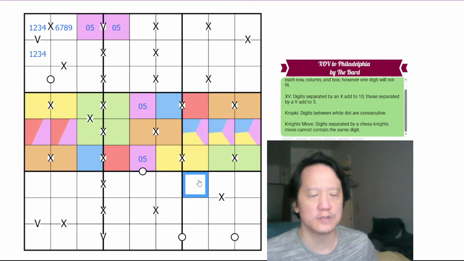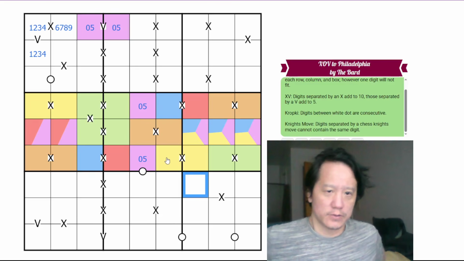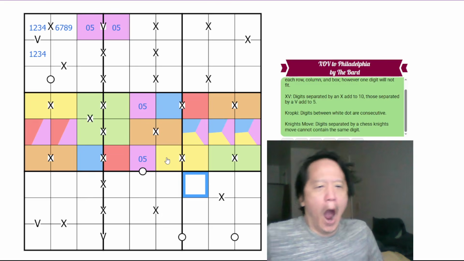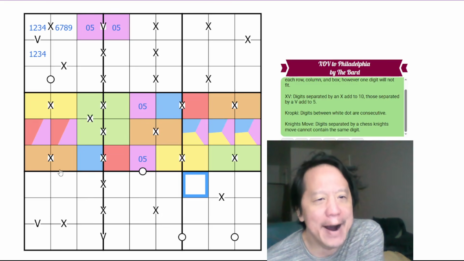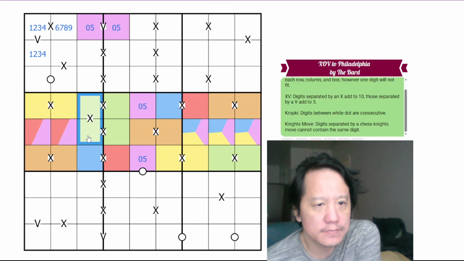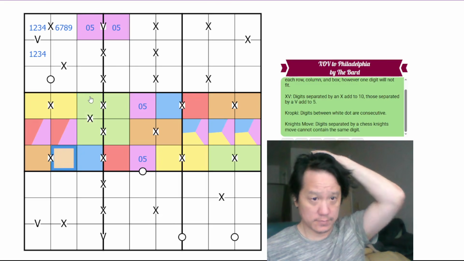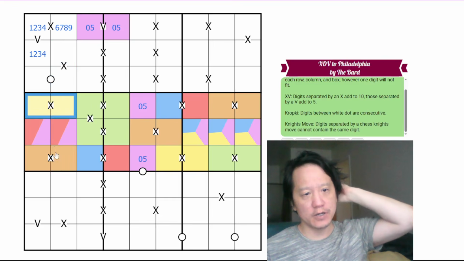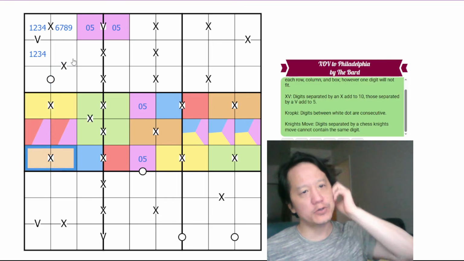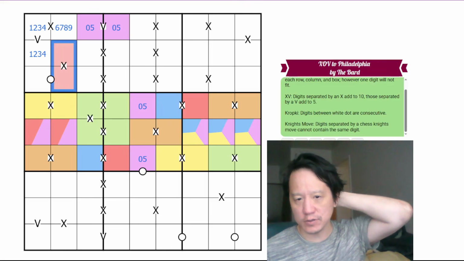So that's interesting. Okay. This can't be yellow, it cannot be orange. It could be red, blue as a pair, or it could be green as a pair. We don't know.